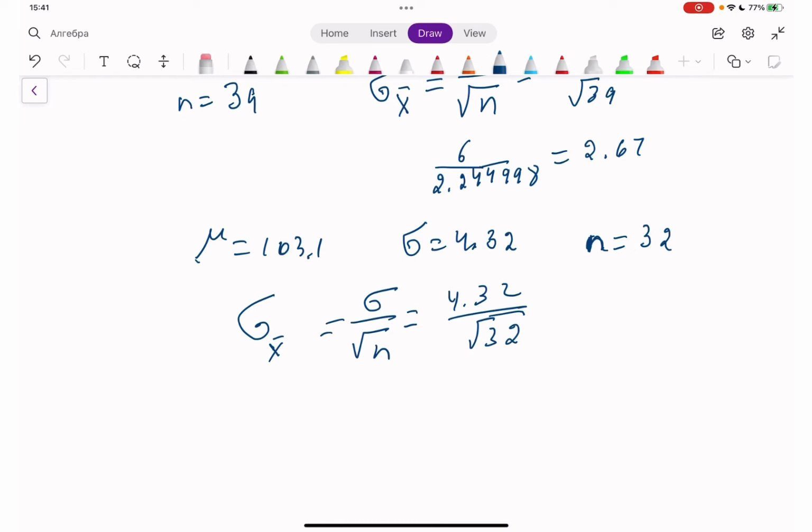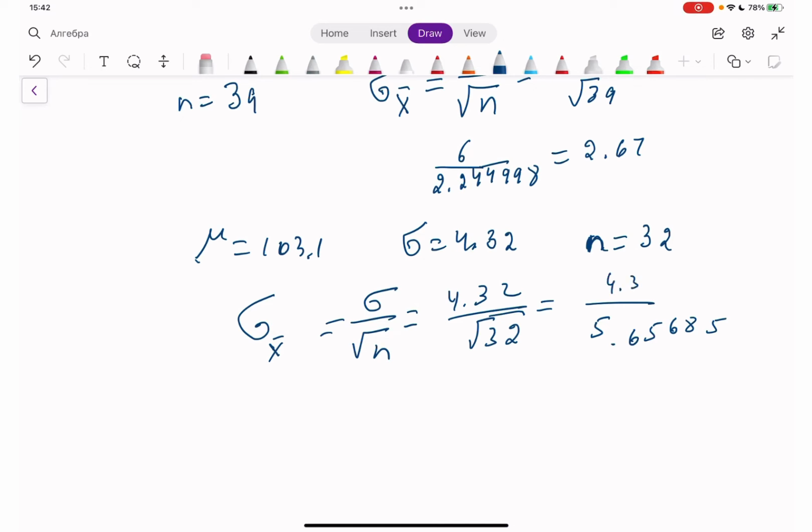Let me do the math part. The square root of 32 is 5.65685.